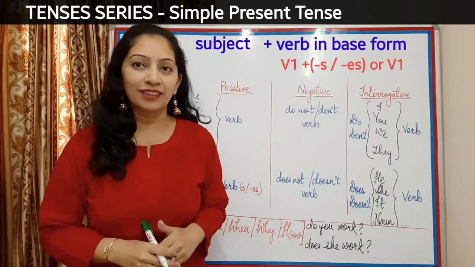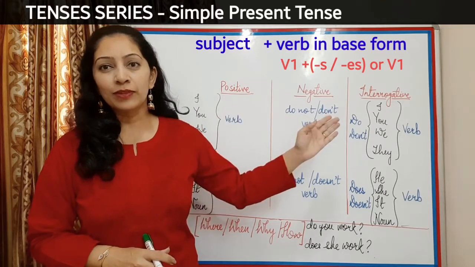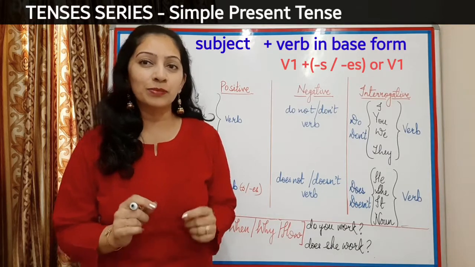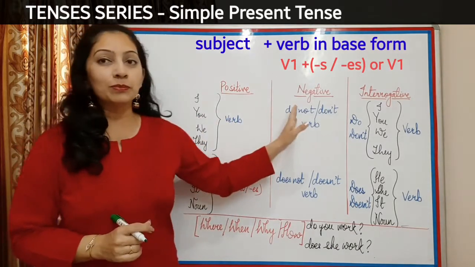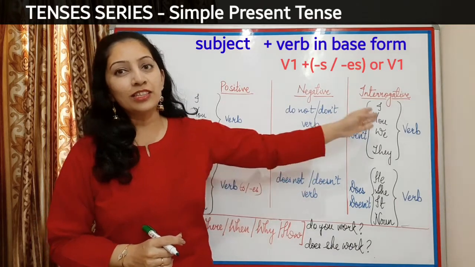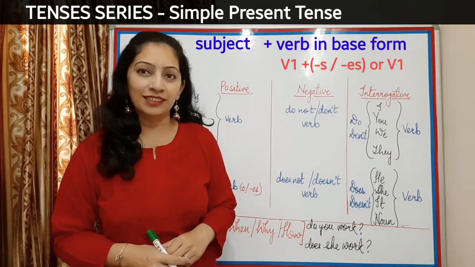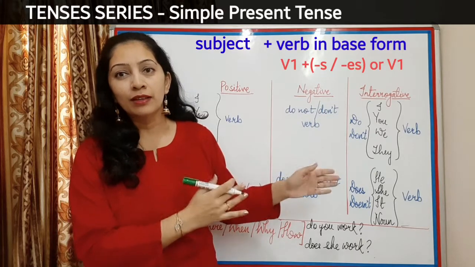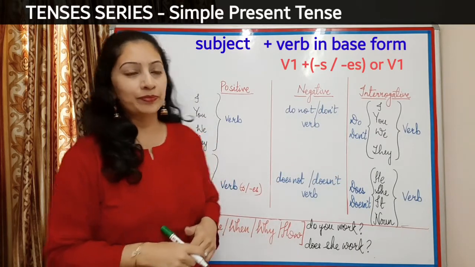Otherwise, you keep it like that. The format is very simple, but the format will change a little bit as per the subjects, as per the negative formation of the sentence or an interrogative formation of a sentence. Now let's look at all the three categories one by one along with an example.